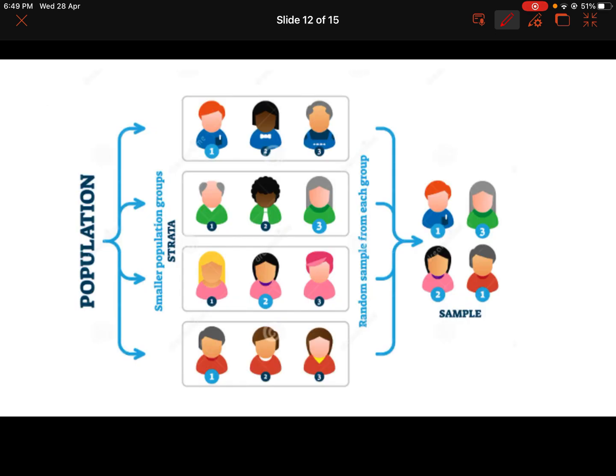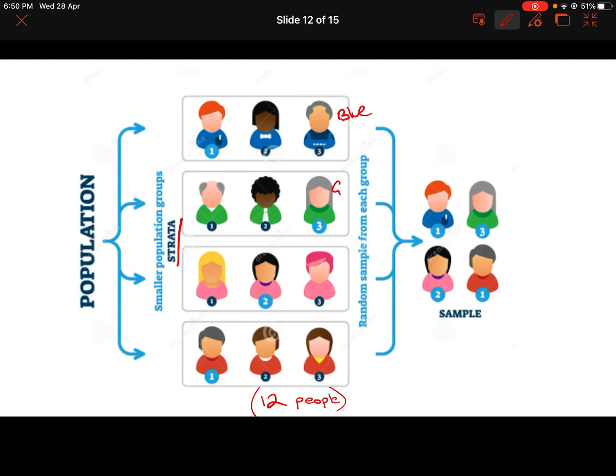Here is our population. In our population we have 12 people. Not participants yet. And as we can see, we've been able to break them down into smaller subgroups or strata. Here we've got a subgroup of people who wear blue shirts.